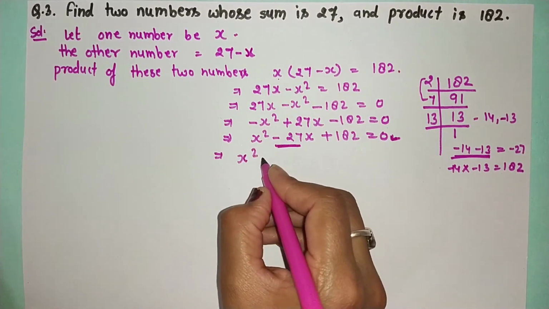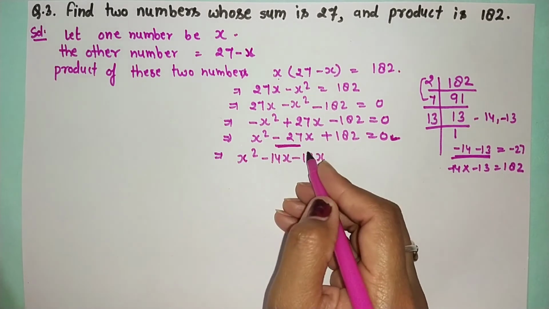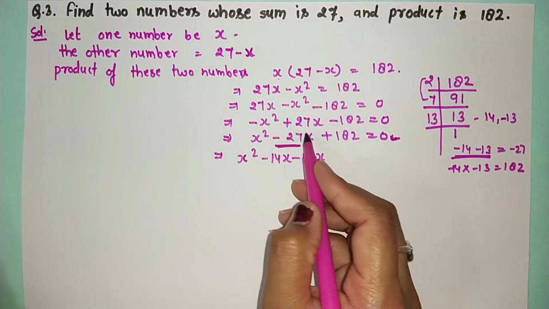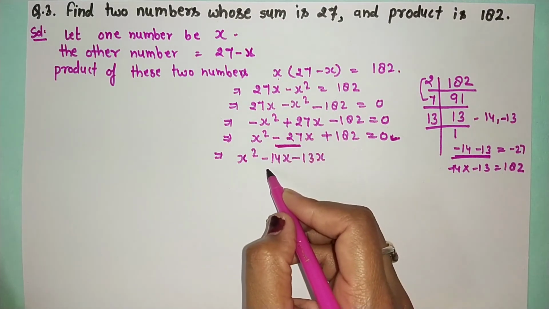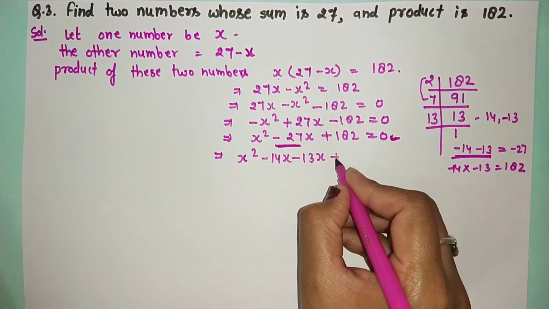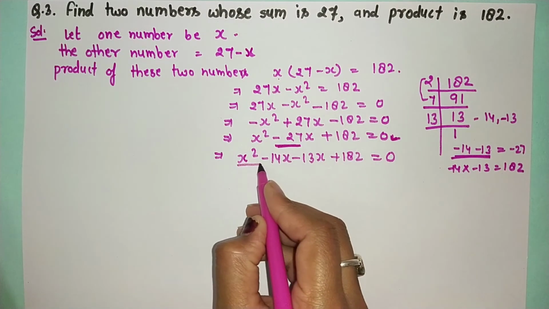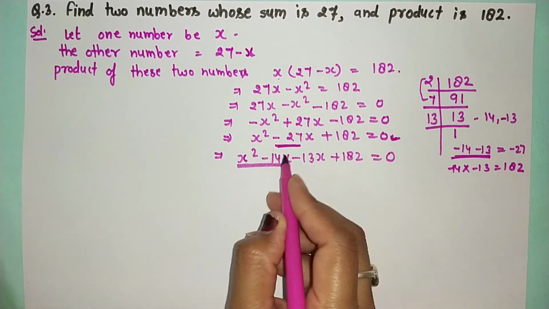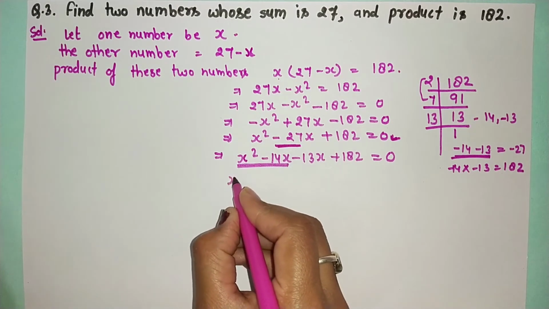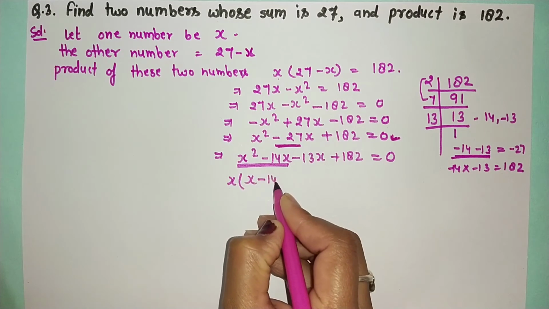x square minus 14x minus 13x plus 182 equal to 0. We can write minus 27x as minus 14x and minus 13x. Now we take x common in the first two terms, the remaining is x minus 14.